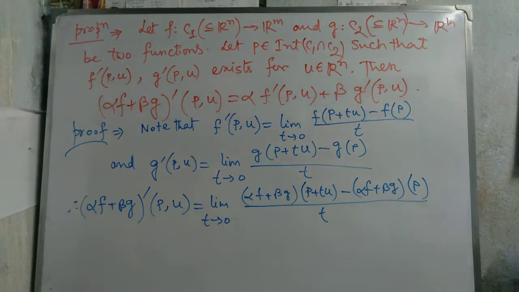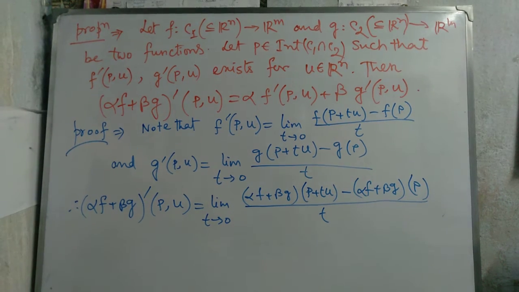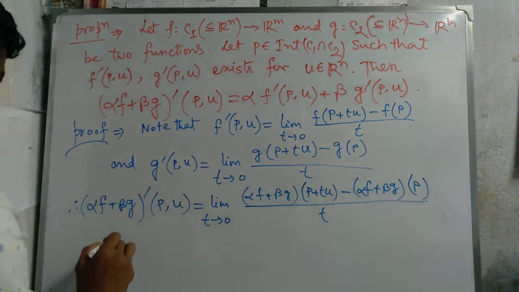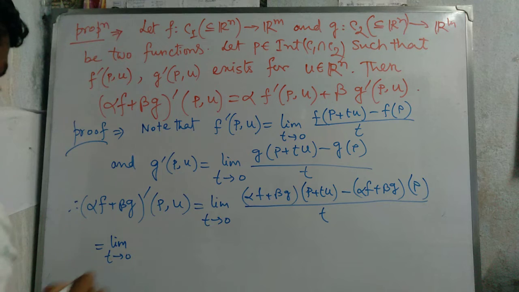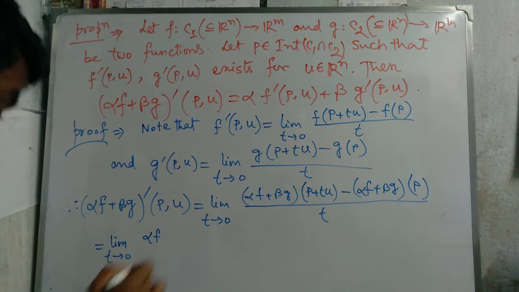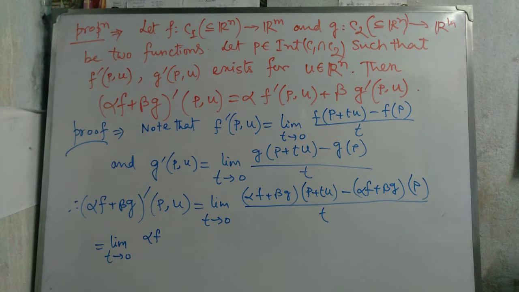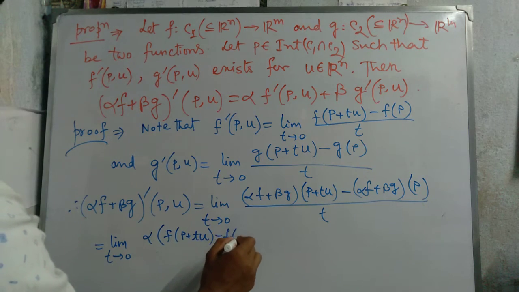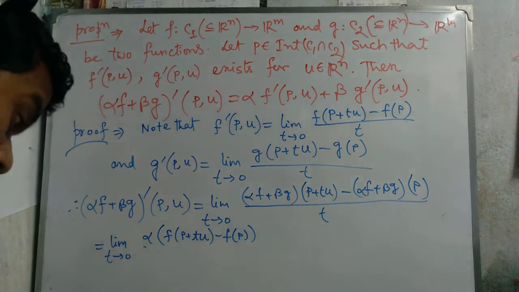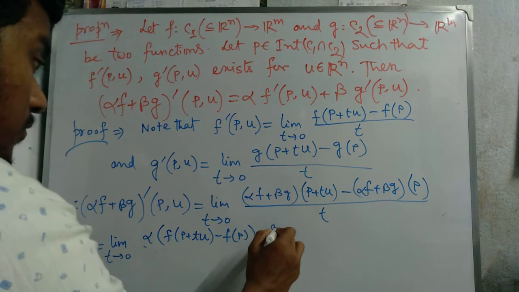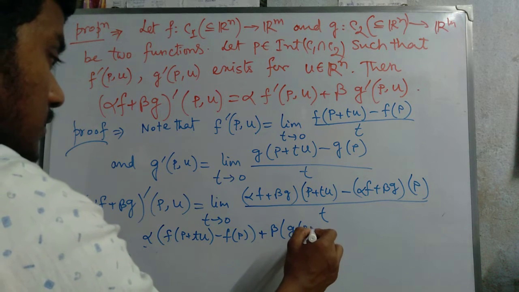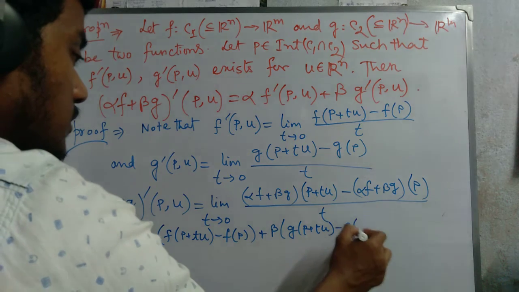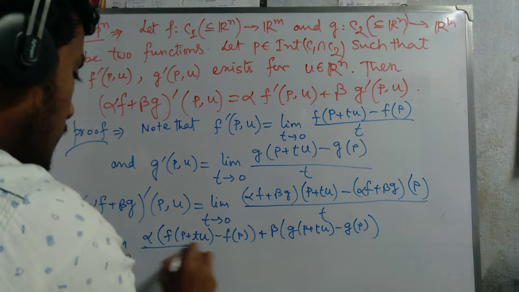Then this equals limit t tending to 0 of alpha times f(p plus tu) minus f(p), plus beta times g(p plus tu) minus g(p), by t.